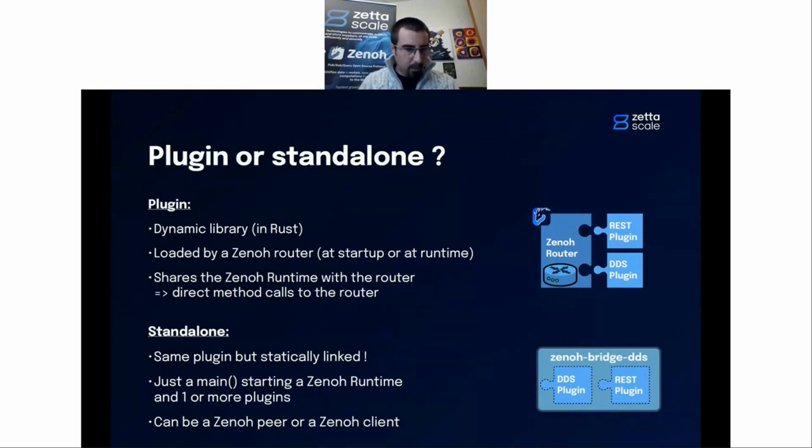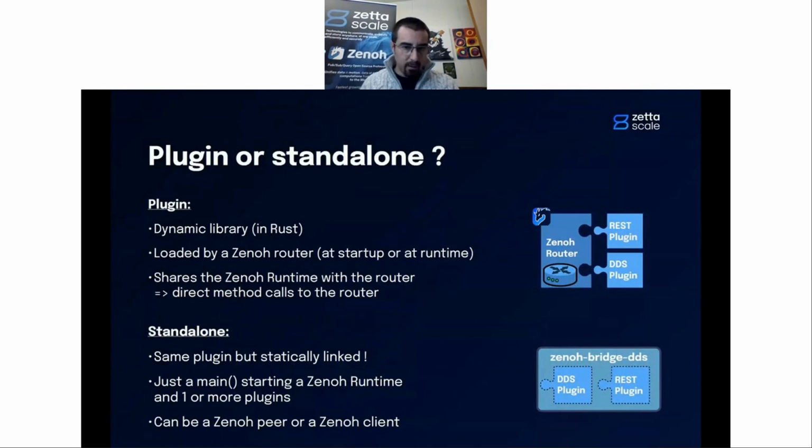But that's not all. Actually, a Zenoh plugin can also be built and statically linked to a main operation. So we do this, for instance, in the case of the Zenoh plugin for DDS. We build it as a standalone binary named zenoh-bridge-dds, which is just a main loading statically the DDS plugin and, optionally, also the REST plugin for a direct REST API used on the bridge.